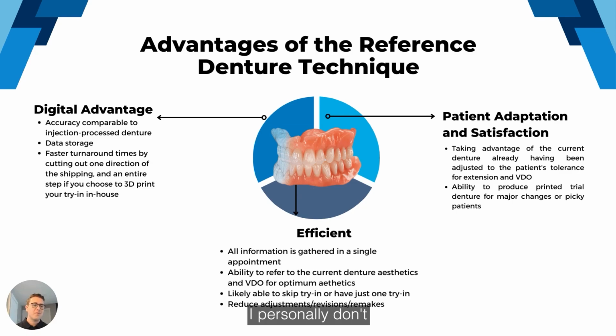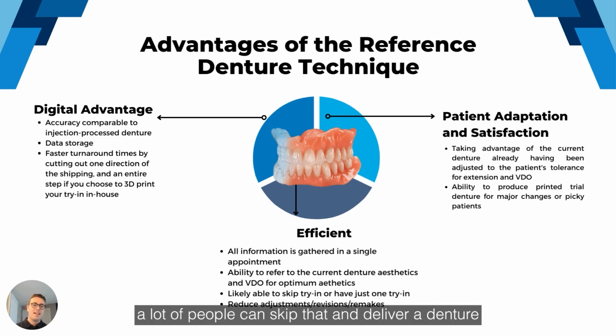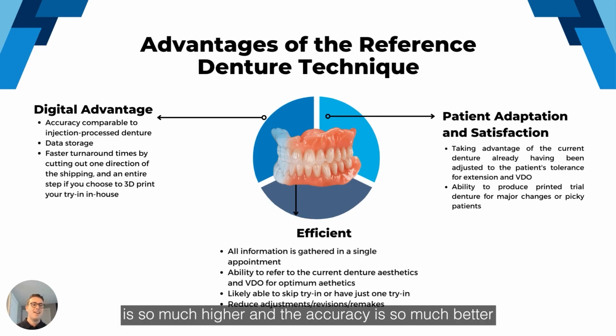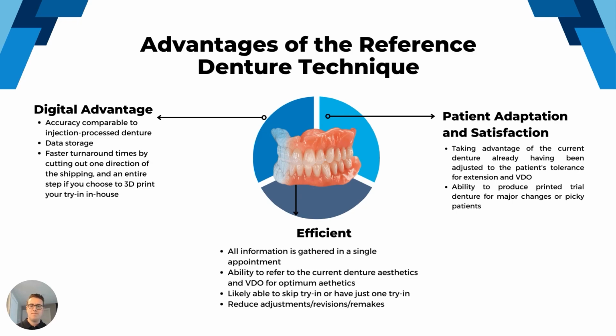I personally don't. I still do a try-in, but a lot of people can skip that and deliver a denture in only 2 appointments. And by doing things digitally, you're going to reduce adjustments, you're going to reduce revisions, and you're going to reduce remakes because the patient satisfaction is so much higher and the accuracy is so much better.